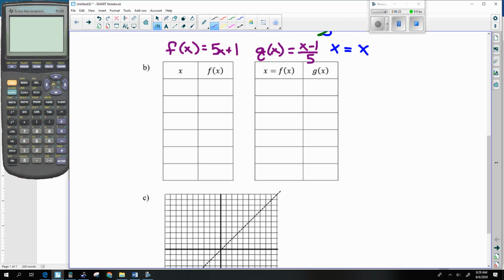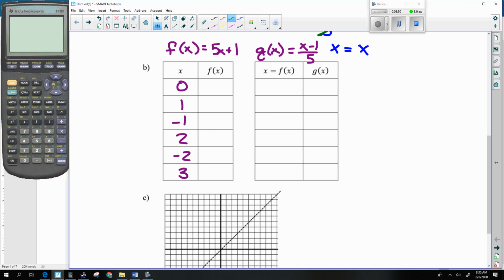So in this one, what we're going to, in essence, show is if I take various points of this f equation, so I'm just going to say what is 0, 1, -1, 2, -2, 3, or something like that. And I am going to show that the inverse, g, will have the exact same points, but just opposites.